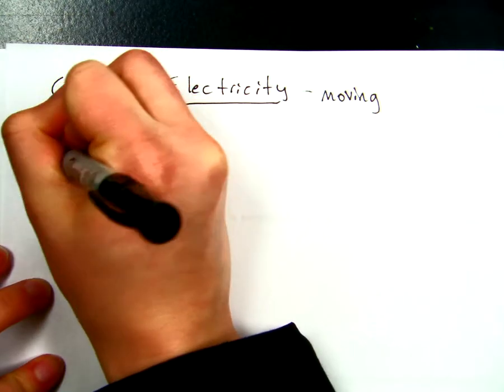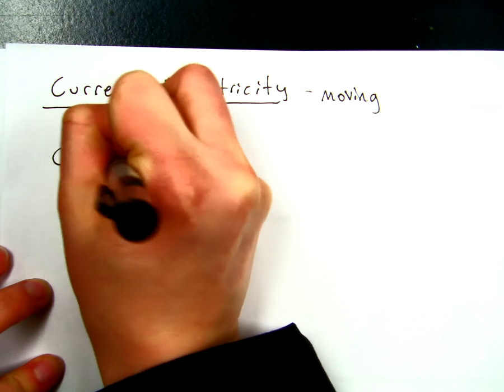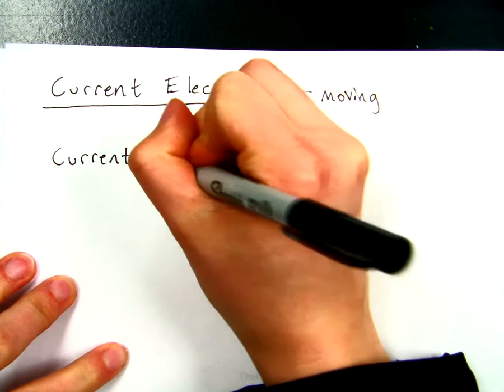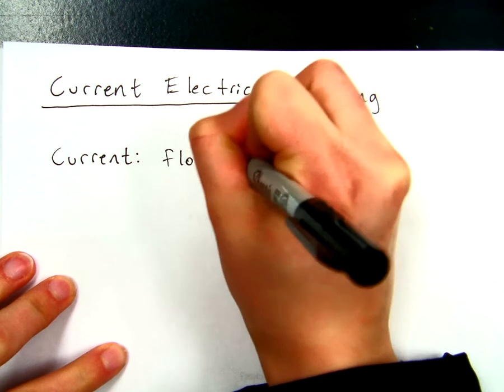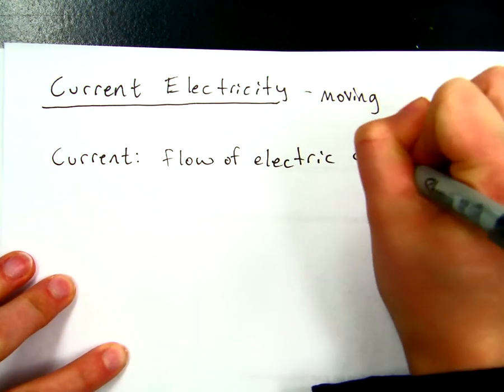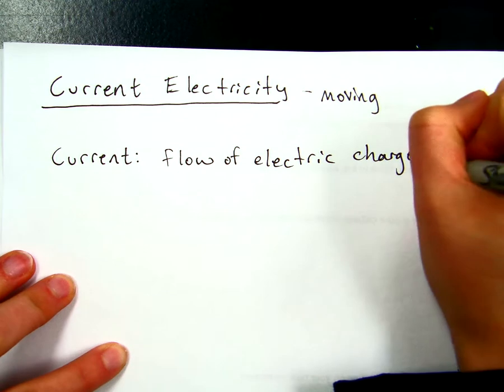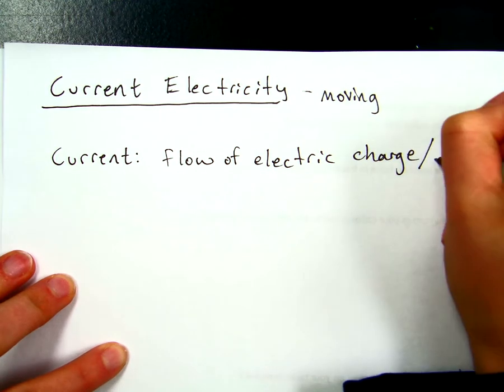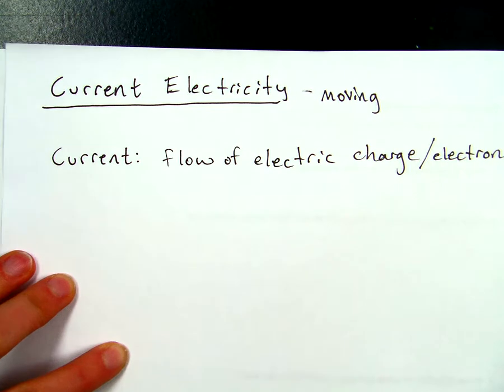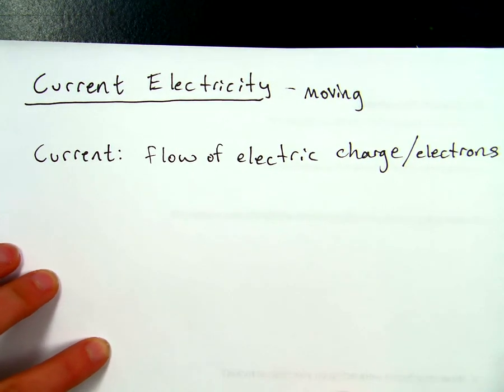So our first concept is current. Current is just a flow of electric charge. Most often this is associated with electrons.